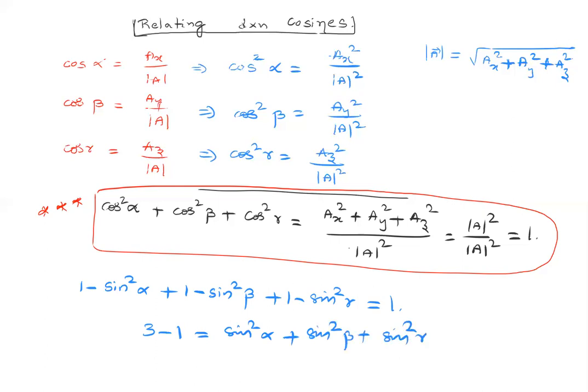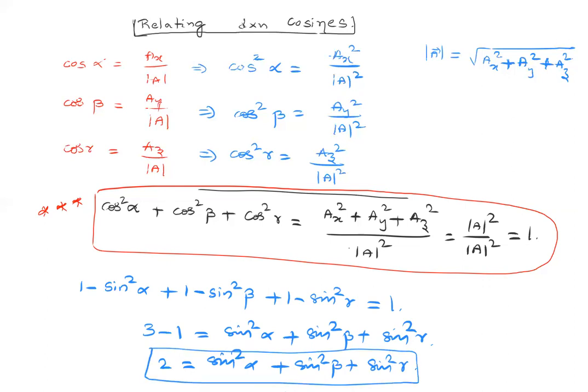So that gives you 2 is equal to sine square alpha plus sine square beta plus sine square gamma. So finally it is 2. Okay, right? So this is your final relation between direction cosines.